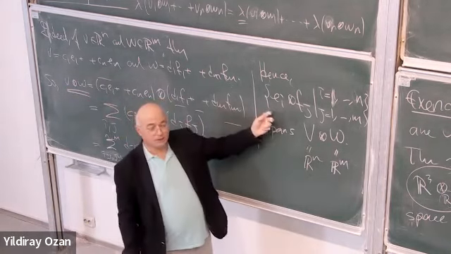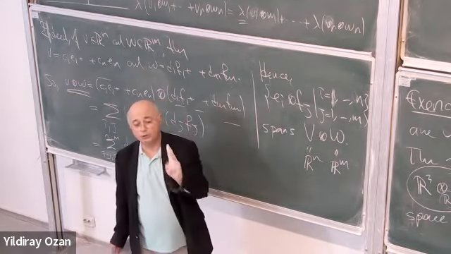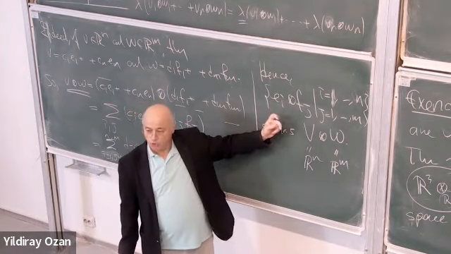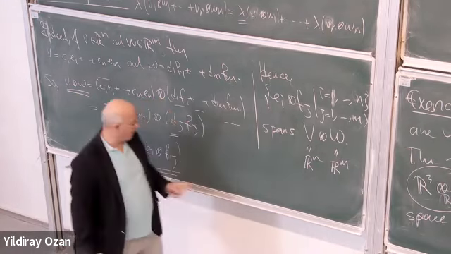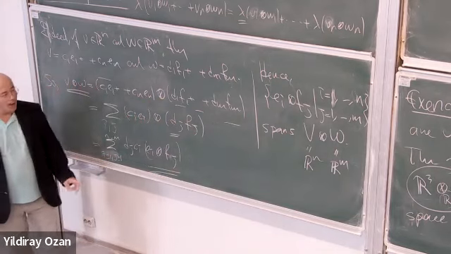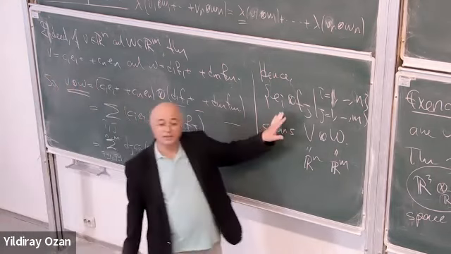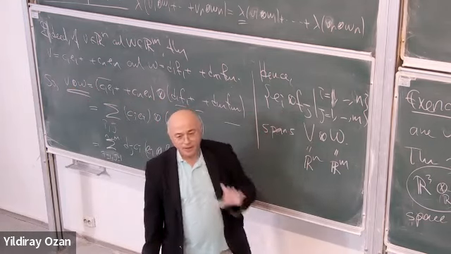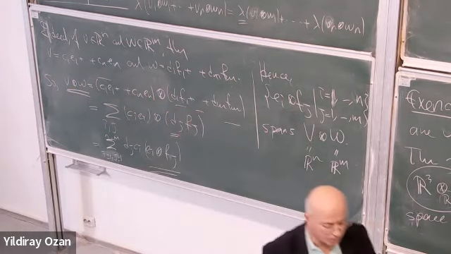Right? For this set to be a basis, we need to prove two things. Any element should be spanned by these vectors. This is what we have shown. And then this set is linearly independent. That's not easy. That's the difficult part.